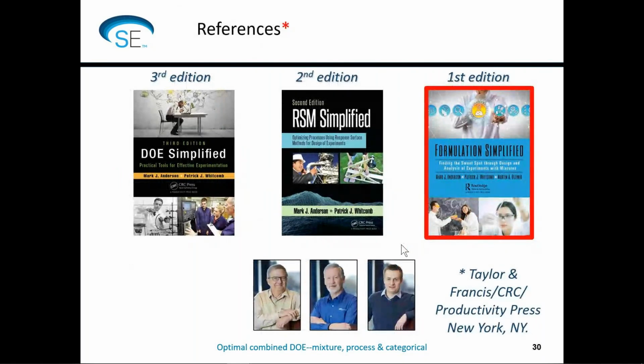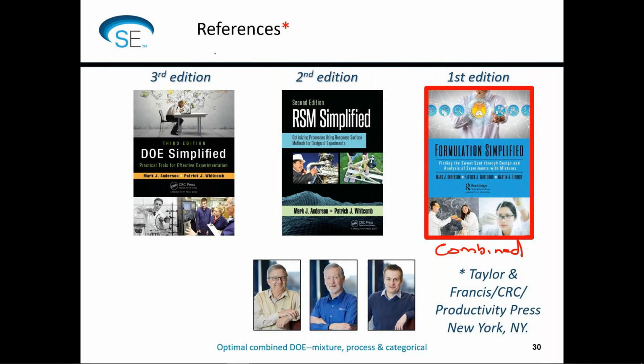Now, if you're interested in learning more about combined designs, although I do think we'd have KCV, we captured that in the Formulation Simplified when it was published, because that's the most recent book. But this is a book that shows the combined structures. It's called Formulation Simplified.